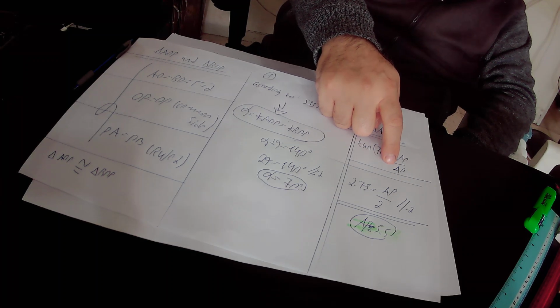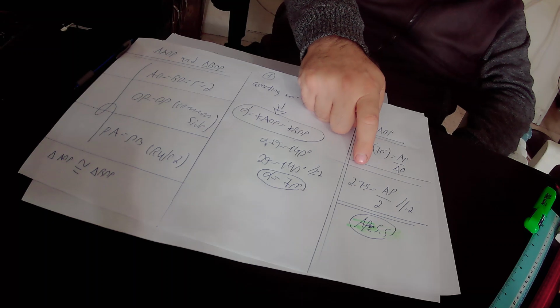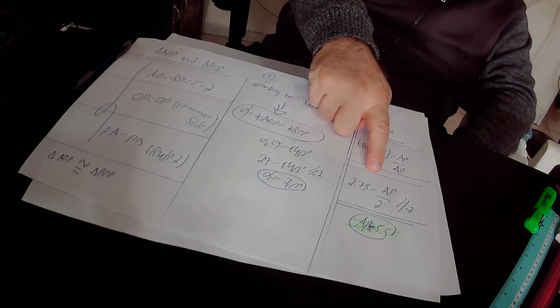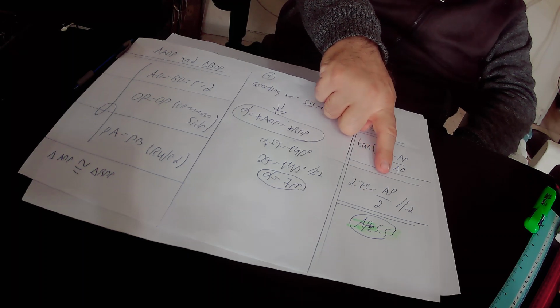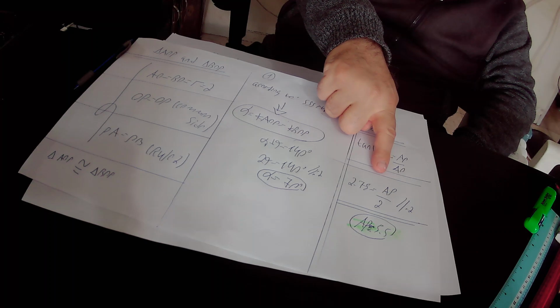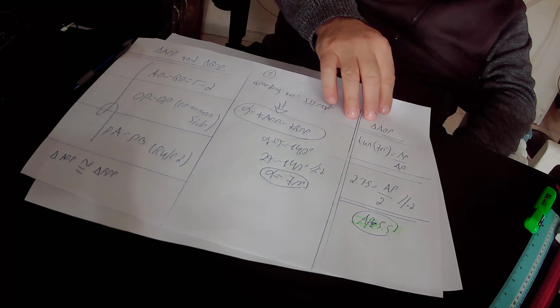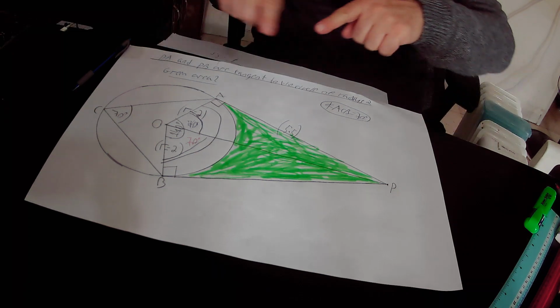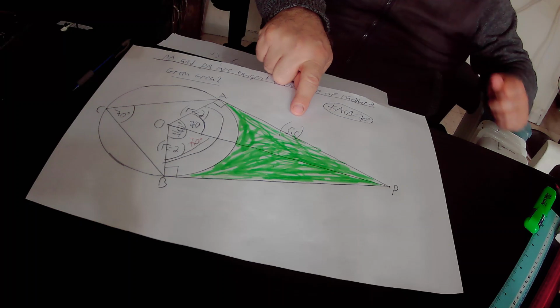AO is 2, so we substitute AO by 2. We found that 2.75 equals AP over 2. Here we multiply this equation by 2 and finally found that the missing side AP equals 2.75 times 2, that is 5.5 units in length.